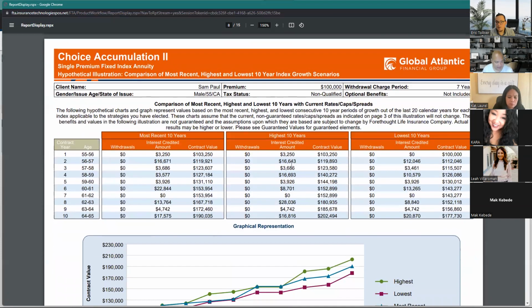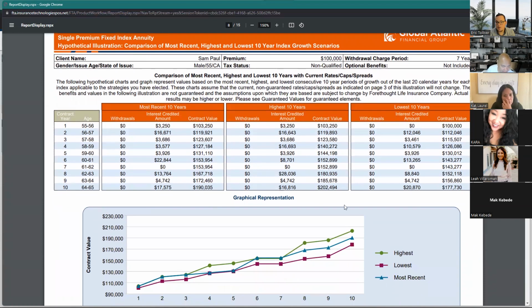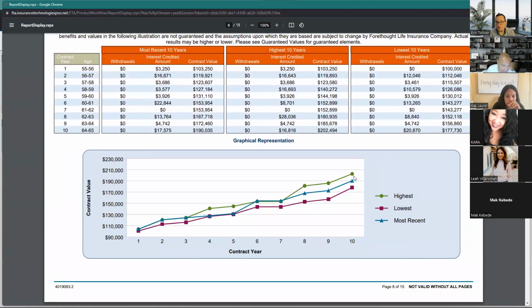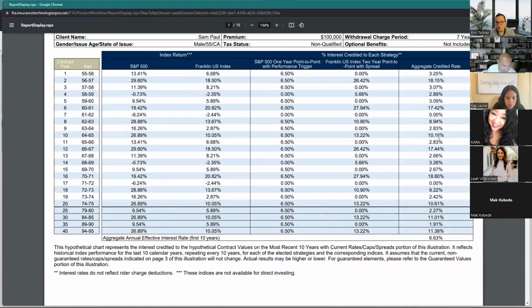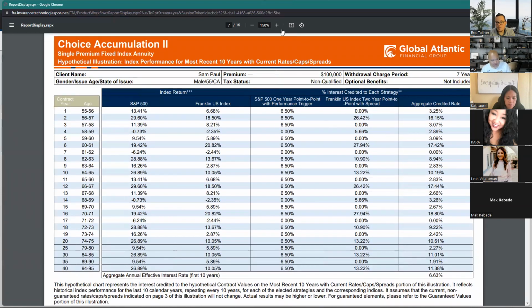Now these illustrations will always show most recent years and the highest performing 10 years and the lowest 10 years. Okay? So you look at the variation, it's not that far. At worst case, this 100,000 after 10 years is going to be at 177,000. At best case, 202,000. And that's this global accumulation.